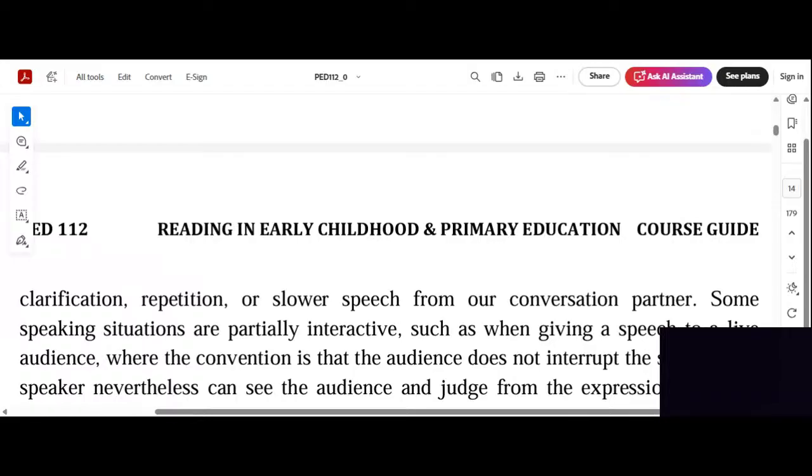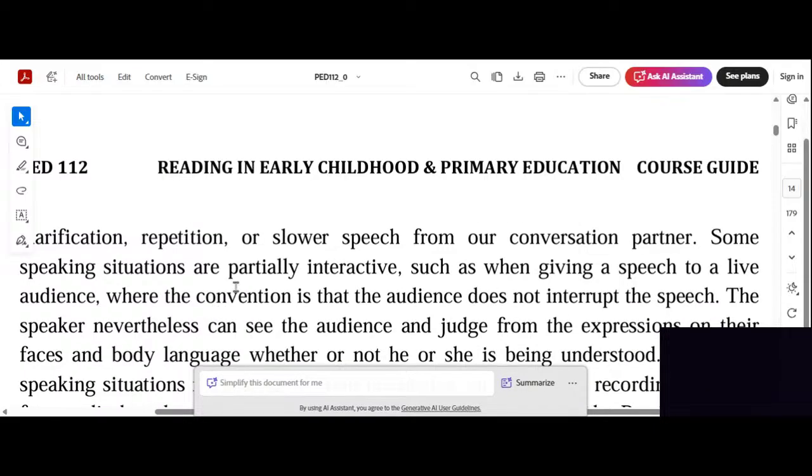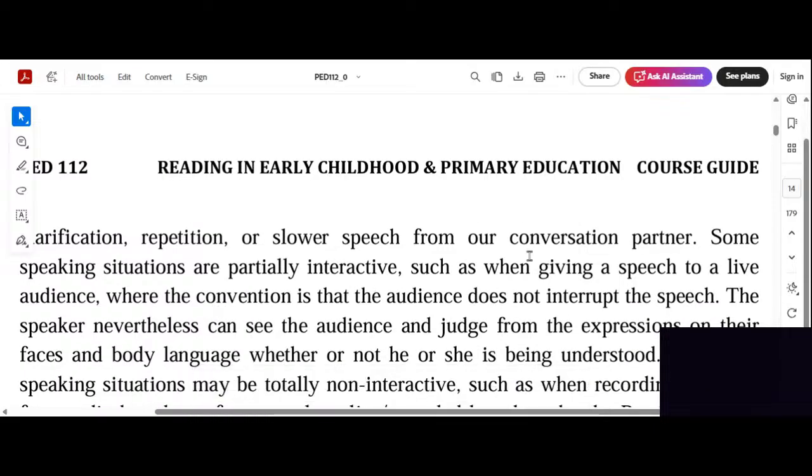So that is it from our conversation partner. Some speaking situations are partially interactive, such as when giving a speech to a live audience, where the convention is that the audience does not interrupt the speech until you are done.